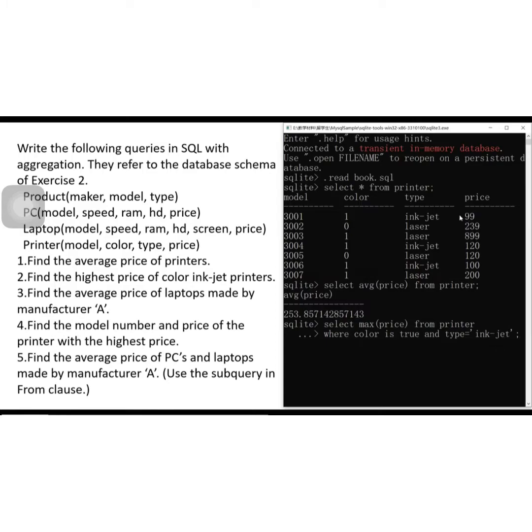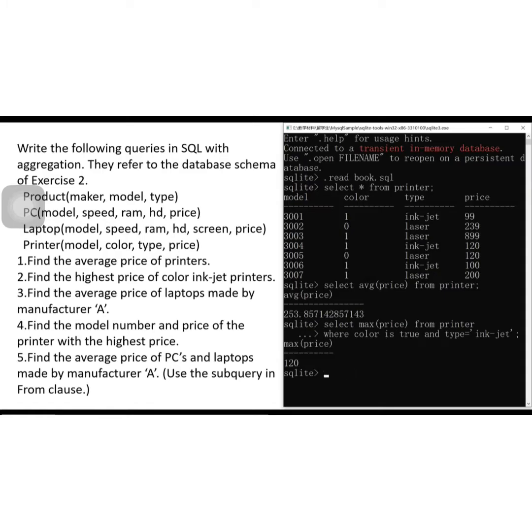So in the result we'll get this one, and this one, and then compute the max of these three prices, then we'll get 120. Okay, this is max. And last time we knew how to find this information by subquery: larger than or equal to all, or not exists.